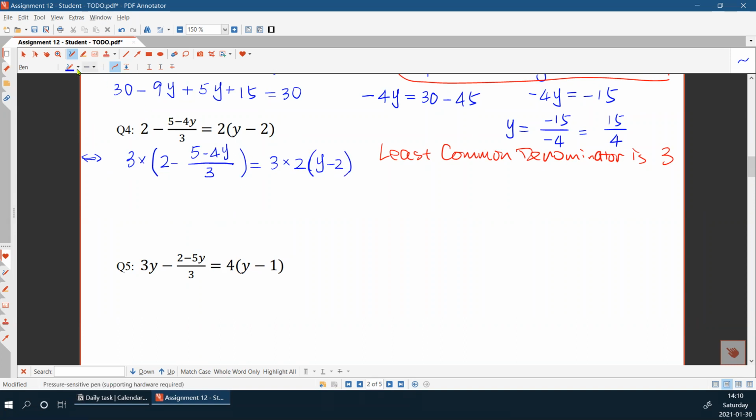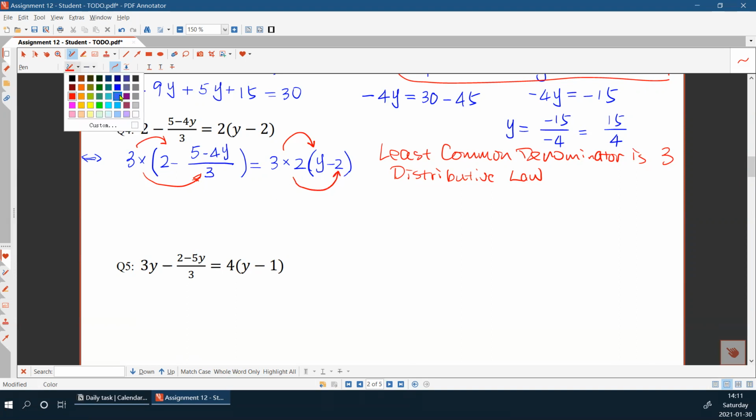Right? And next step, again, we need to use the distributive laws. That means you need to assign the 3 to both of the two terms on the left-hand side and assign 3 by 2 to both of the terms on the right-hand side, right?